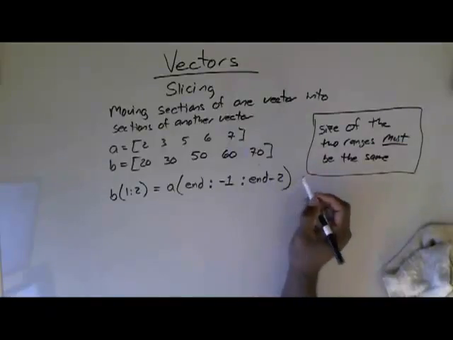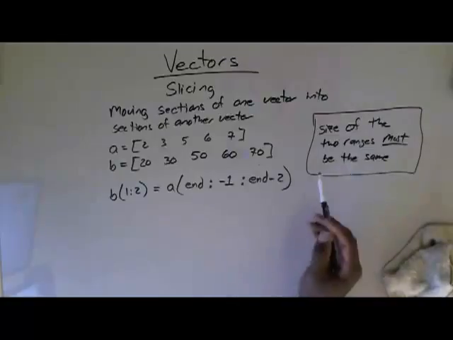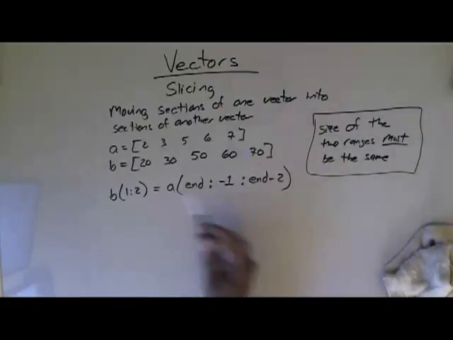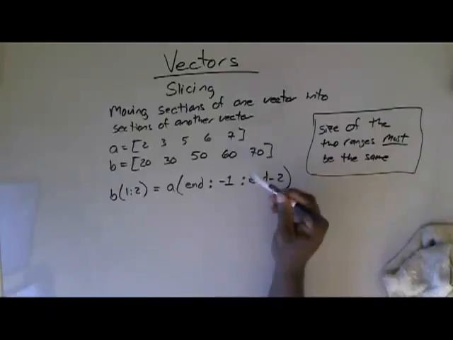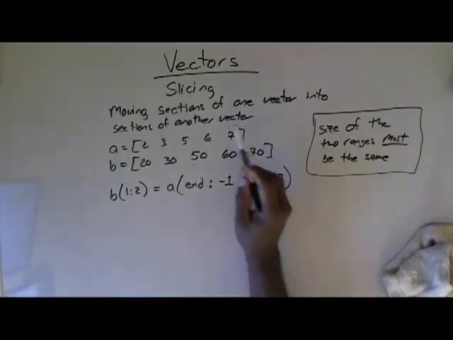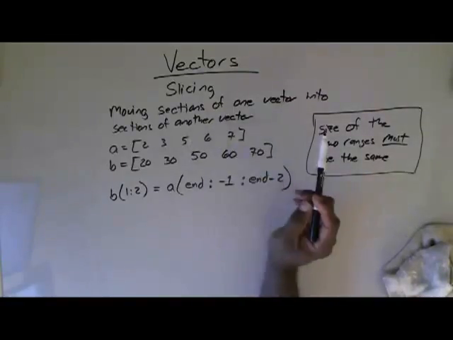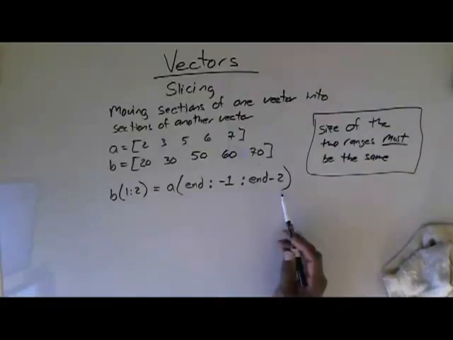Okay, so now let's think about this. B1 to 2 is easy. We're going to replace these two with something, and this over here, because of this rule, has to be of length 2. Well, this is A from the end, stepping -1, so I'm going that way, all the way down to end -2. That's going to give an error because these are not of the same size.